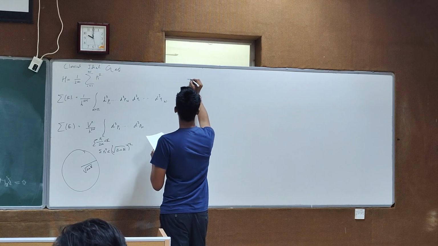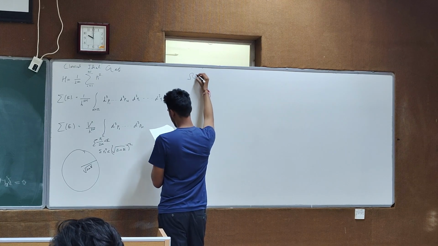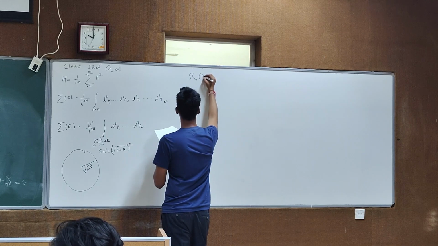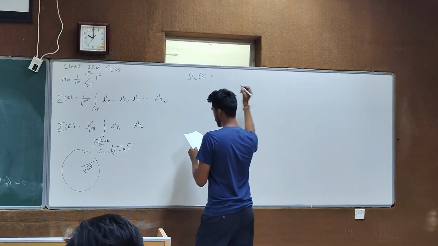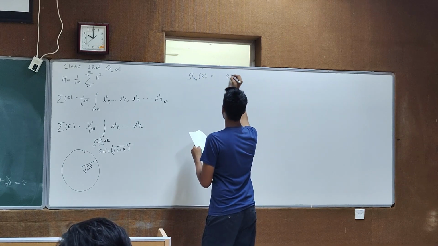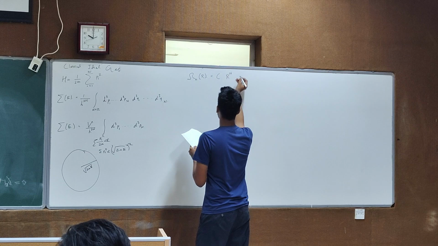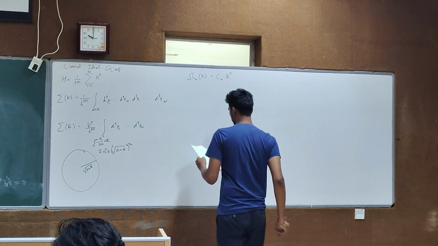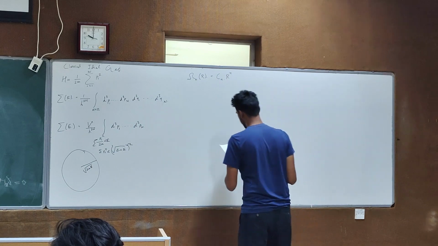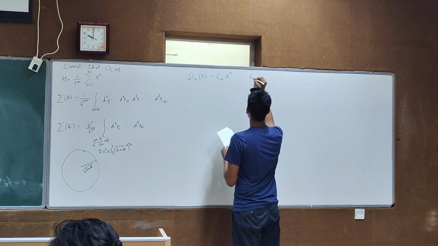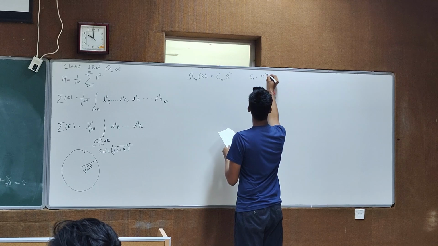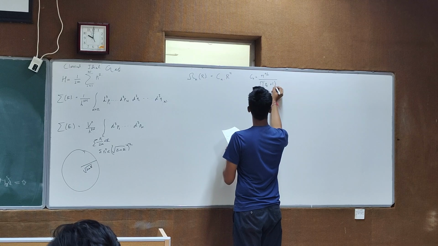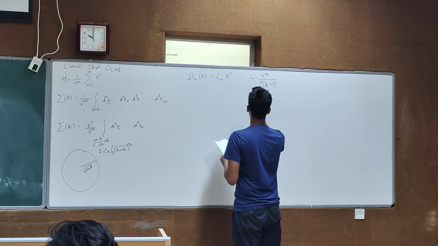So there is a formula for finding the volume of an n-dimensional sphere with radius r. Obviously, this will be proportional to r to the power n, and let's call the constant C_n. And you can show that this constant turns out to be this, where this is the gamma function.